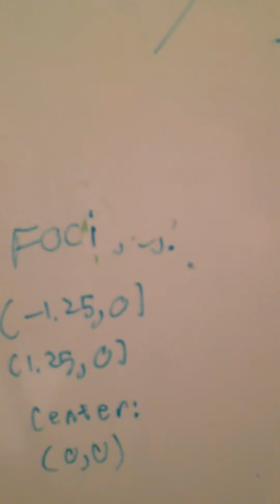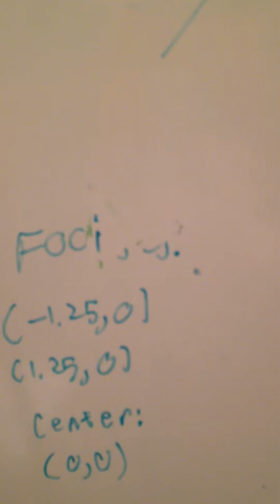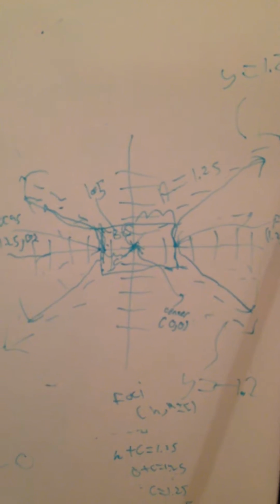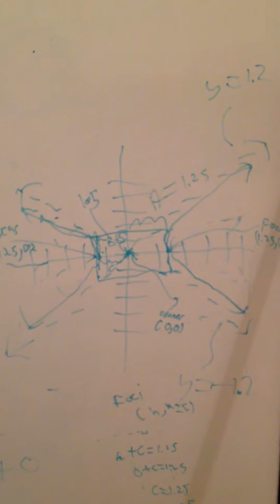So there are two foci on this hyperbola, and those are negative 1.25, 0 and 1.25, 0. I'm sorry the graph is kind of messy. I would recommend looking at my graph on Desmos in the Padlet, because it will best show you this hyperbola.